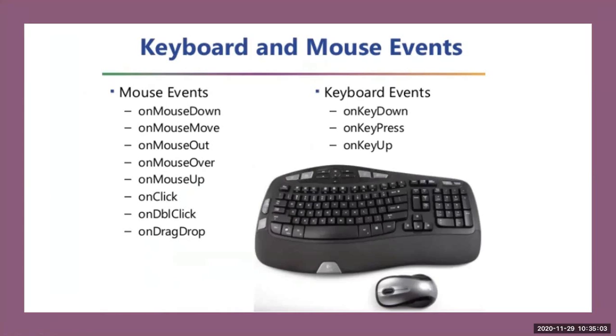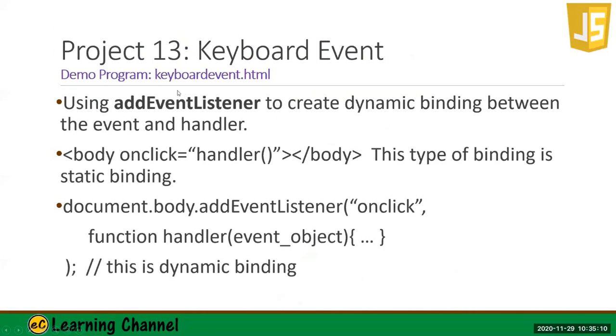Okay, for keyboard and mouse events, we have keyboard events like on key down, on key up, whatever. You don't need to remember them. So we will teach you the third way, which is called event listener. First, we have the one called the onclick handler, that's number one.